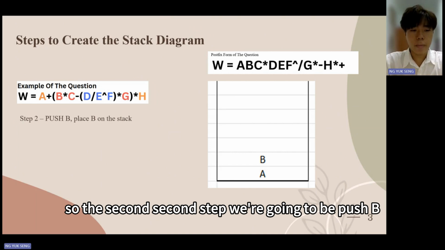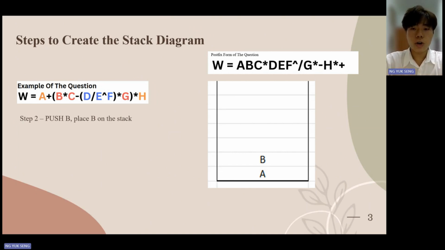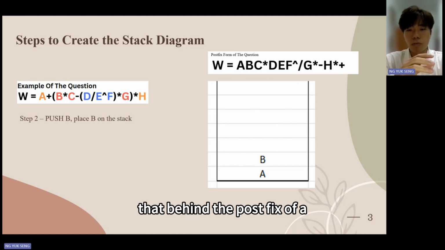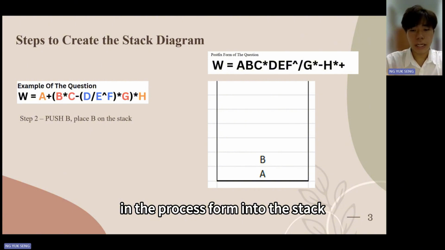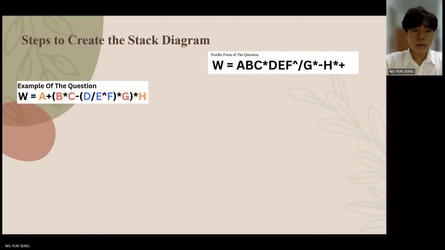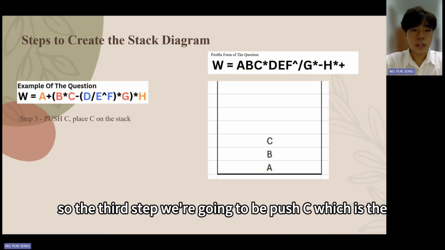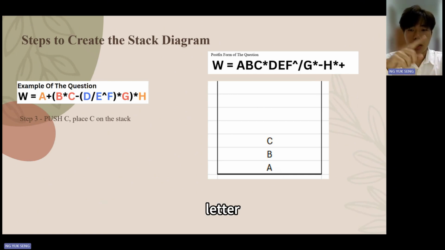In the second step, we push B. It will push the B that comes after A in the postfix form into the stack. In the third step, we push C, which is the letter after B.